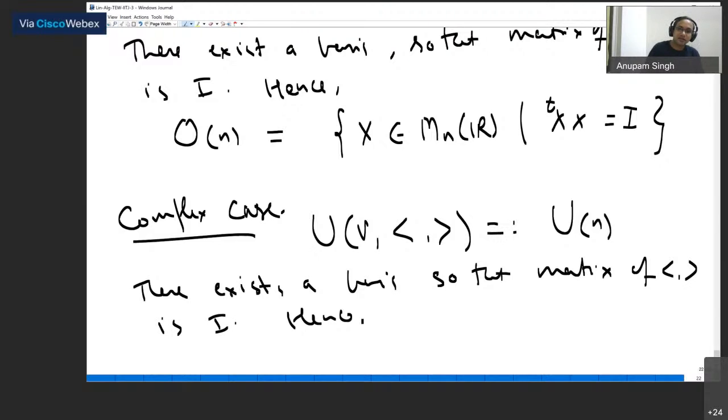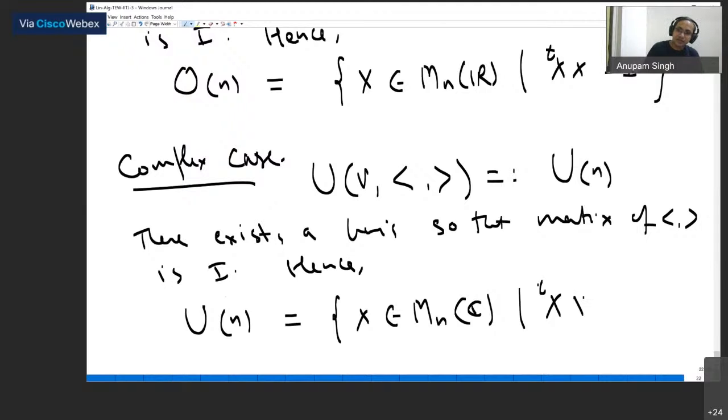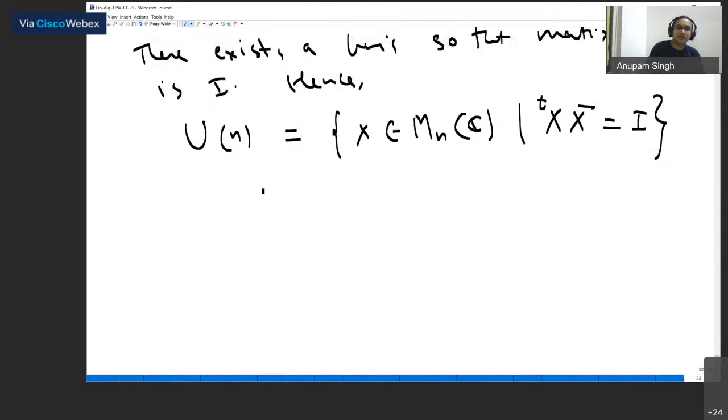Hence, in matrix form, this unitary group U_n is simply all those X in M_n(C). Remember, these matrices are over the complex numbers. So these are in M_n(C) such that X transpose, times the matrix of the form, which is identity, so I don't need to write it, times X bar is identity. I hope this is a familiar definition to all of you. This is what the unitary group is.